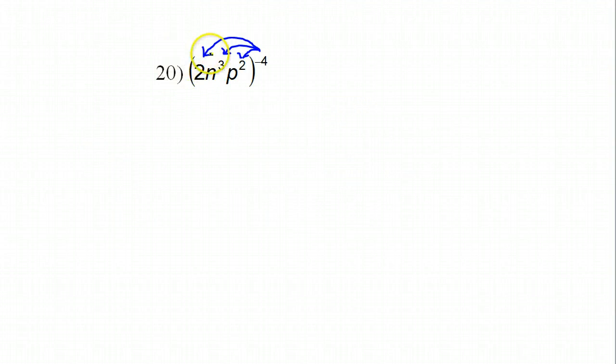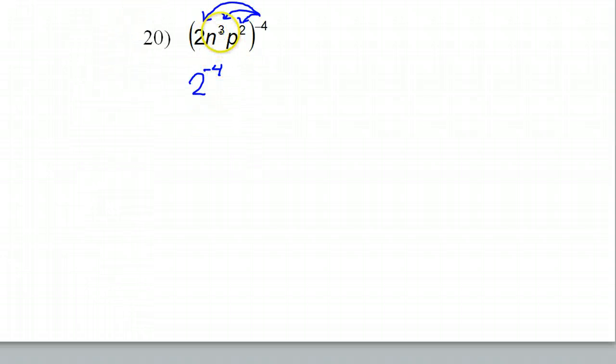This is the last problem. So if I have a negative fourth power on these parentheses, I will do the negative fourth power to everything on the inside. So for a moment, I'm just going to write 2 to the negative fourth power. For the variables, a power raised to a power you multiply, so I'm going to have n to the negative 12th power and then p to the negative 8th power.